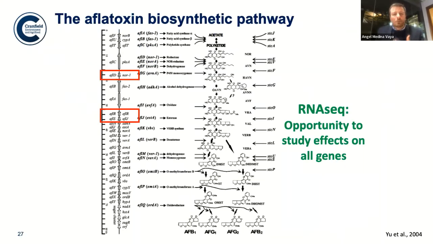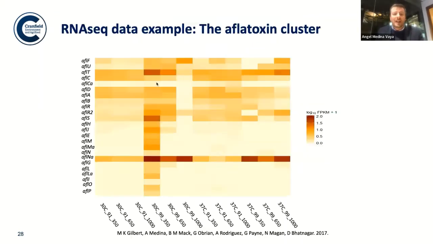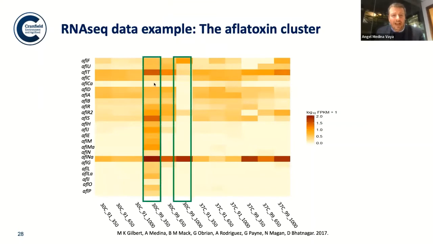And that gave us the opportunity, instead of analyzing these 3 genes that we had looked at before, to look at the whole pathway, everything, to understand whether the CO2 was making an effect on a particular gene, or was it something general that was happening that was leading to that increase in the amount of toxin produced? And this is some of the data that we had, but put in a very simple heat map.